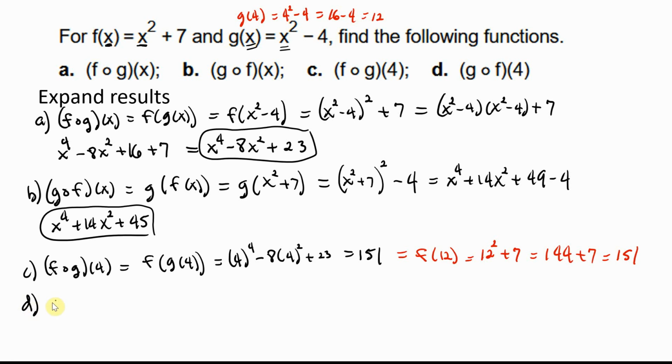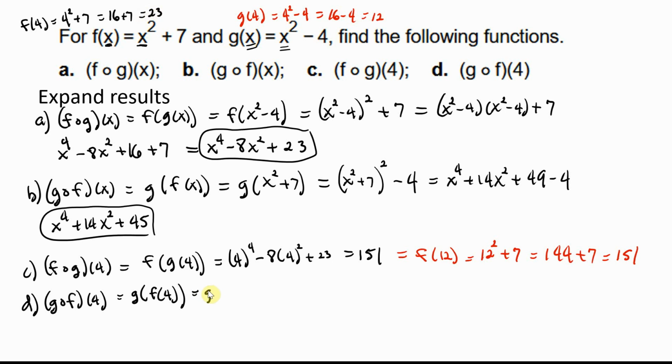Part D, g composed with f, evaluated at 4. So this is g of f of 4. If you want to do it the way that I just showed, let's find f of 4. This is 4 squared plus 7, so that's 16 plus 7, which is 23.